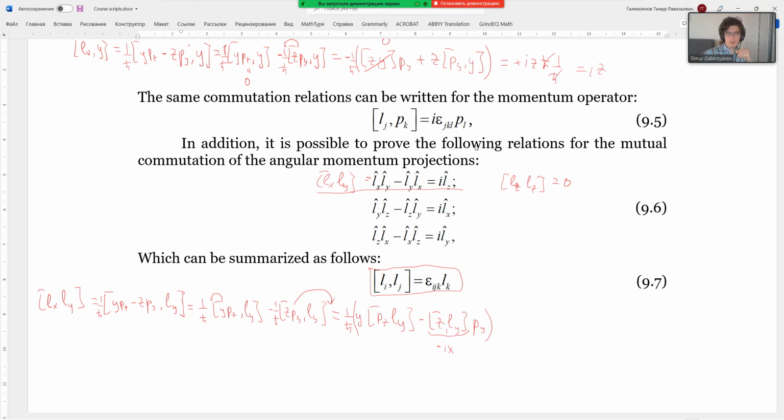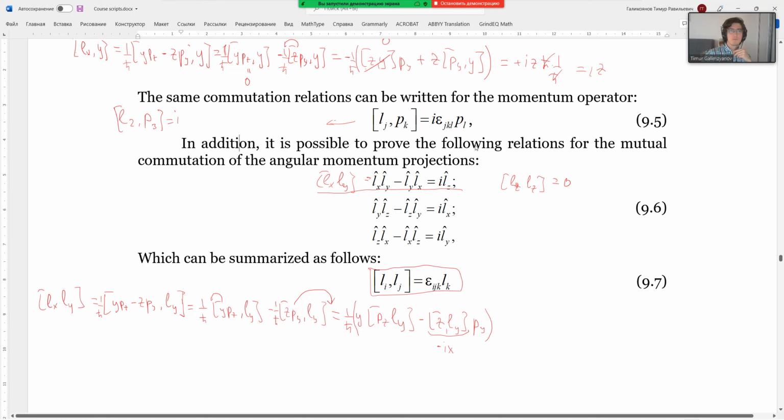So for this case, this relation will read L, Ly, so L2, Pz is P3. L2 P3 equals i, so j equals 2, epsilon j equals 2, k equals 3, and we know that the only non-zero term will be here if we put l equal to 1.